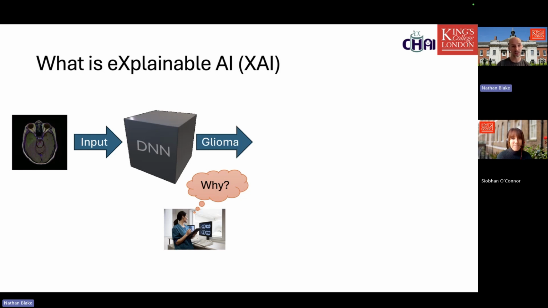I'm going to talk to you today about one of those, which is referred to as explainable AI. Just a bit of a warning: especially in medical AI, it's a truly cross-disciplinary domain, and so people don't use the same words consistently.